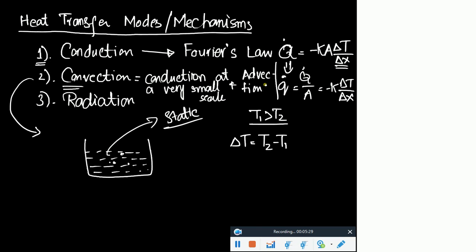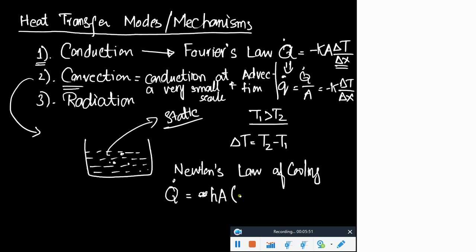The law which governs convection is known as Newton's law of cooling. That law is basically Q dot, due to convection, equals hA (Ts minus T infinity). In this relationship I assume that Ts is greater than T infinity.